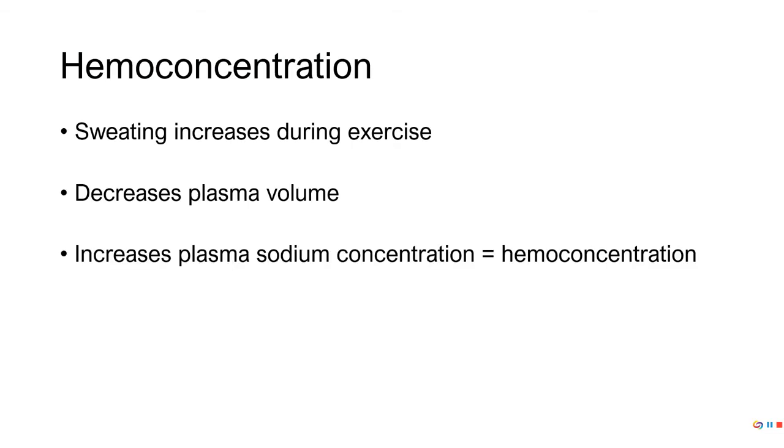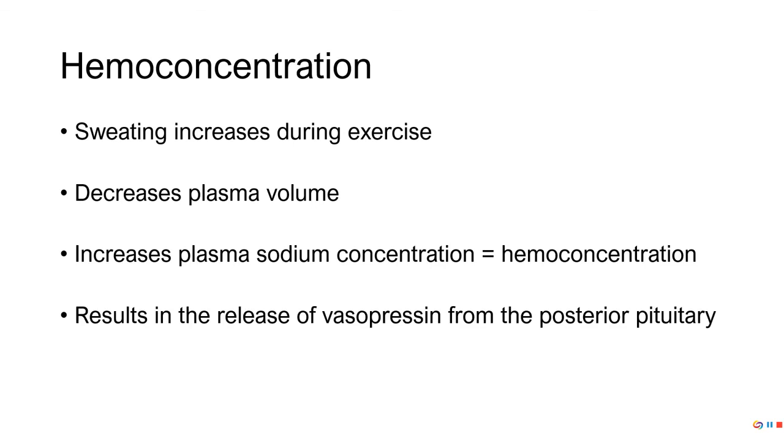So we increase sodium concentration. That causes hemoconcentration. As a result, we release vasopressin from our posterior pituitary. Vasopressin, or antidiuretic hormone, causes us to hold on to water. What we're doing is trying to prevent the loss of excess water, to prevent severe dehydration.